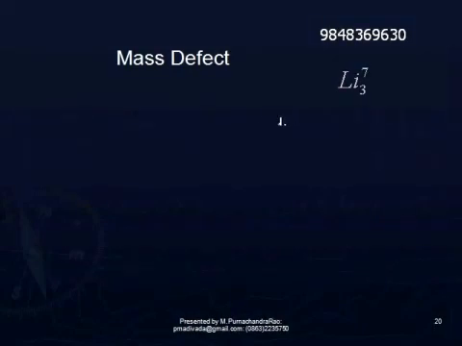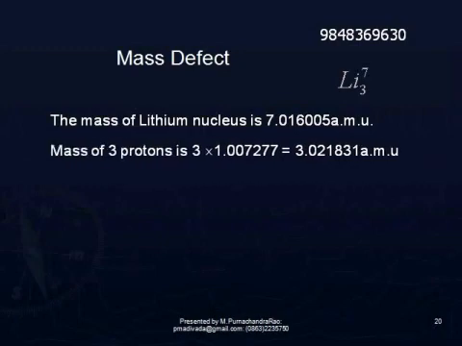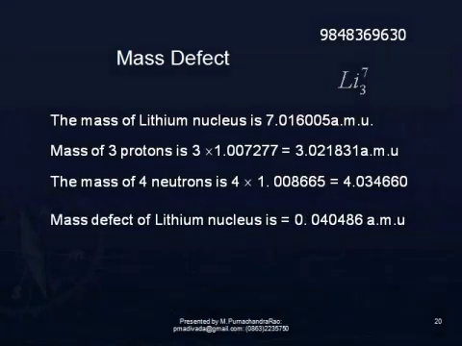Let us take an example. For example, let us take the lithium nucleus. The mass of the lithium nucleus is 7.016005 atomic mass units. There are 3 protons. So the mass of 3 protons is 3 into 1.007277. That is equal to 3.021831 atomic mass units.